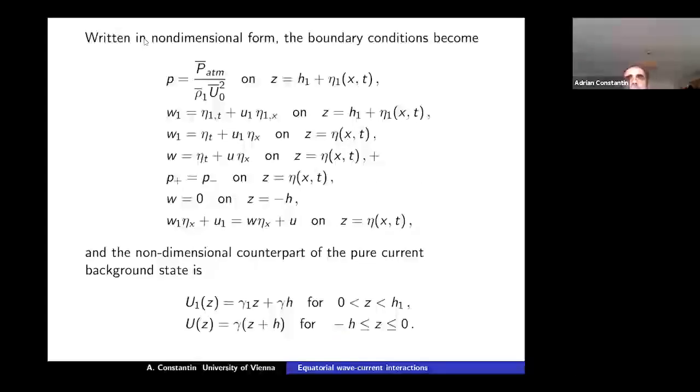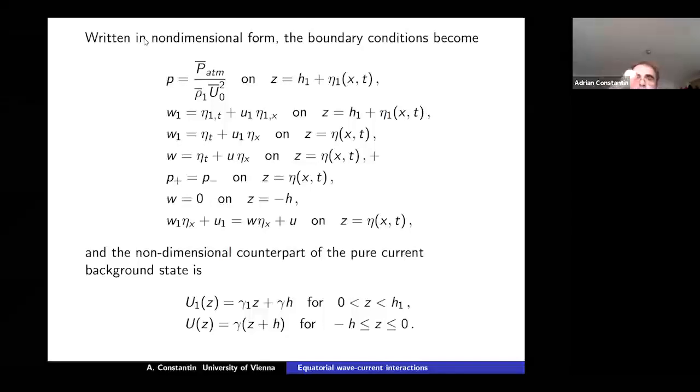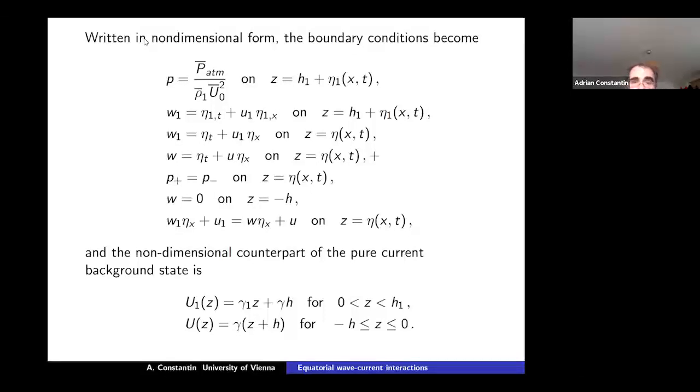So the boundary conditions in non-dimensional form are, well, the pressure is constant at the top. The non-dimensional constant now takes this form here. The second equation is the condition that a particle stays on the surface. The next one is that the particle stays on the interface.